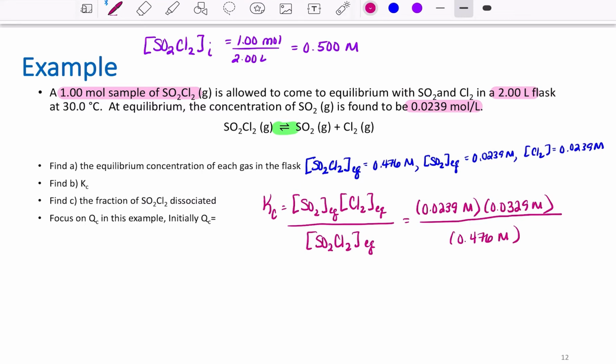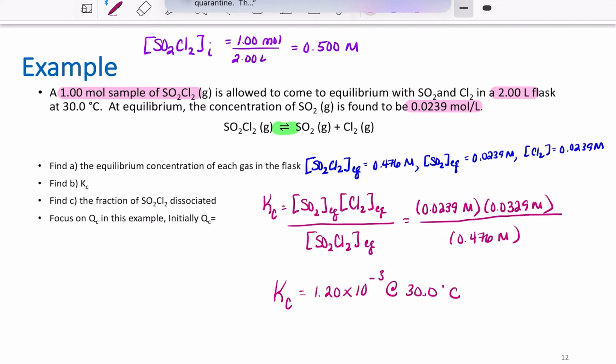There aren't units on a Kc expression. And calculate this out and you'll find your Kc value to be equal to 1.20 times 10 to the minus third at 30 degrees C. So we've got 1.20 times 10 to the minus 3 at 30 degrees C.